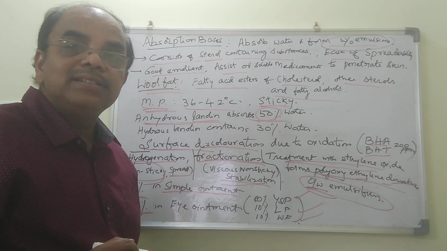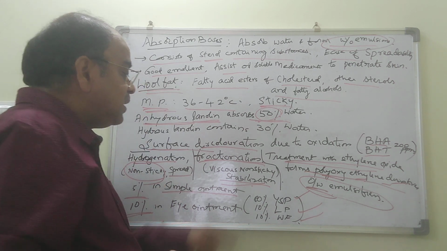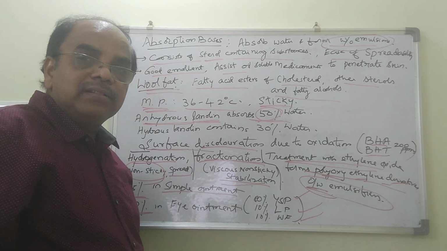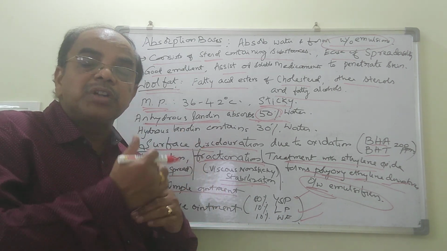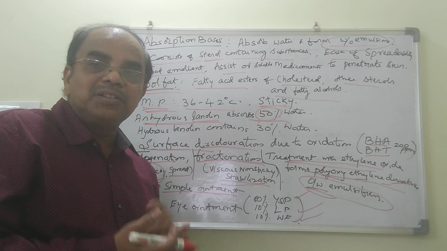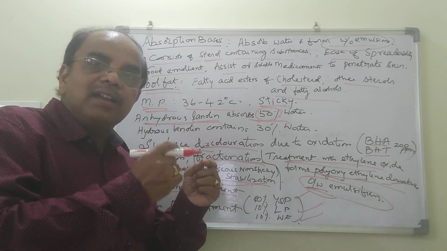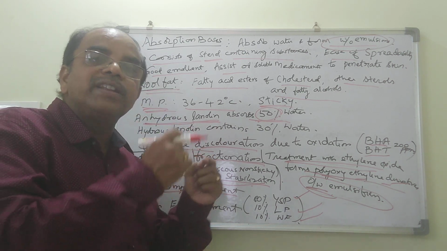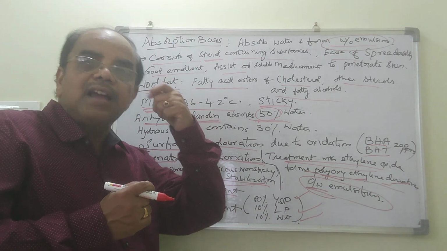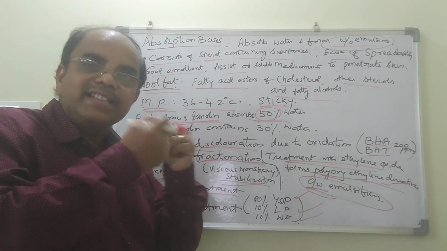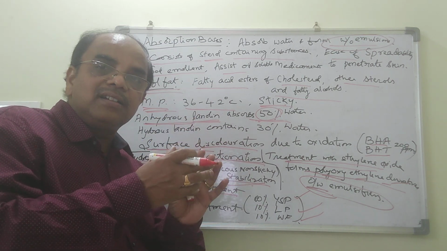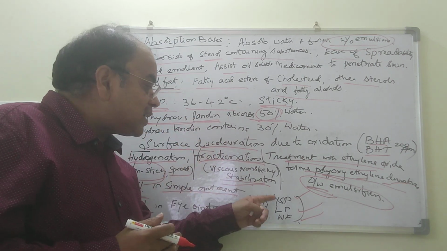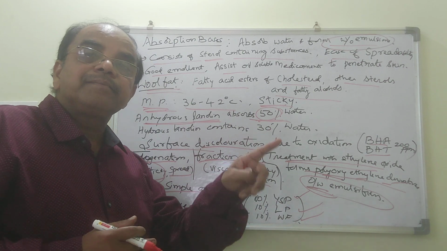I told you in the previous part that yellow soft paraffin 80% is there. 25% of this we can substitute with liquid paraffin so that the ointment can come out easily from the nozzle, because you have to apply it to the eye. So it has to come out easily. For easy spreading and easy extruding from the nozzle, we can replace a part of the yellow soft paraffin with liquid paraffin.